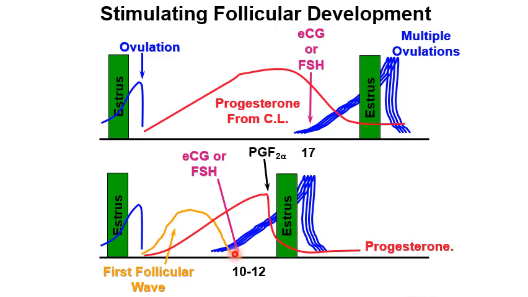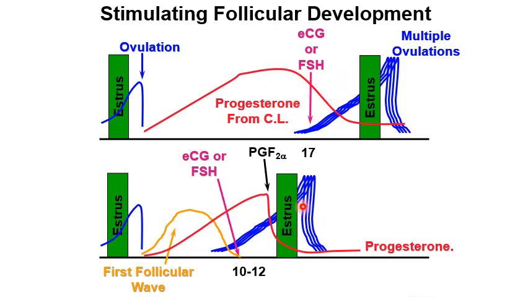A few days later, we can give PGF2 alpha, and this will stimulate the follicle to ovulate because we remove again the P4. So we remove this CL here by giving PGF2 alpha so that there will be multiple ovulations to occur during the metestrus. This procedure is considered to be better timed as compared to this one.